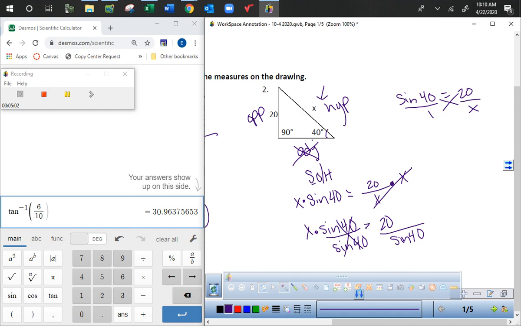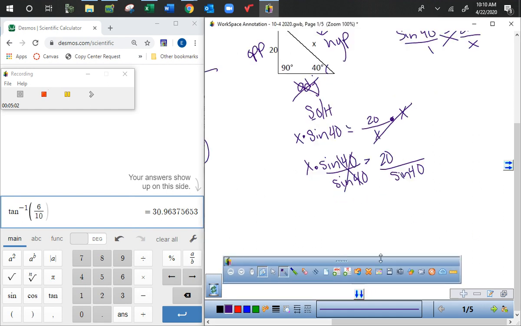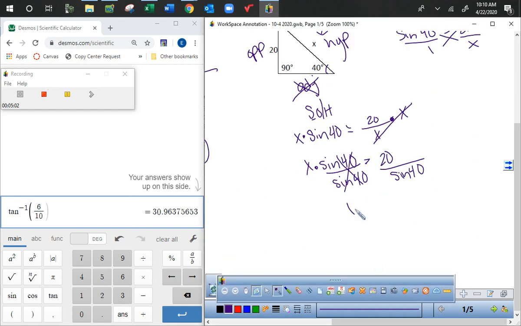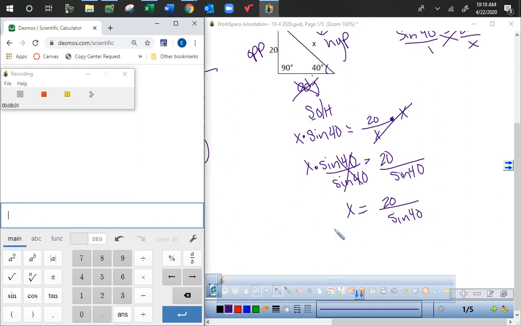And finally, we're left with x equals, since those cancel, 20 divided by sine 40, which is what we get to type in. On this calculator, sine is right here. I'm going to go ahead and clear out what we've got. 20 comes first, divided by that sine that I pointed out to you, and then inside gets to be 40.